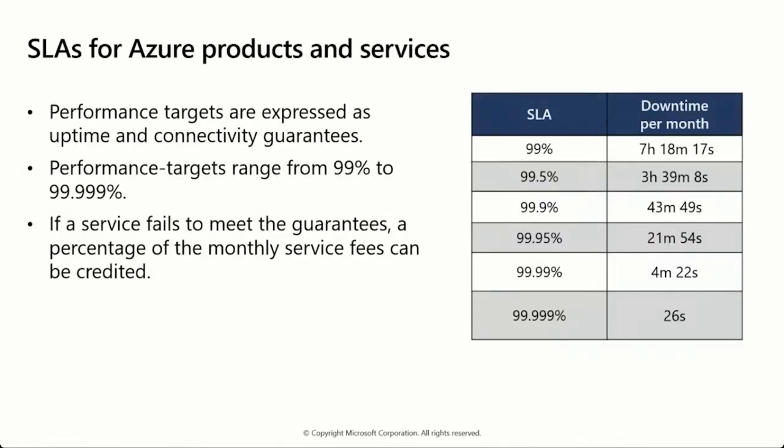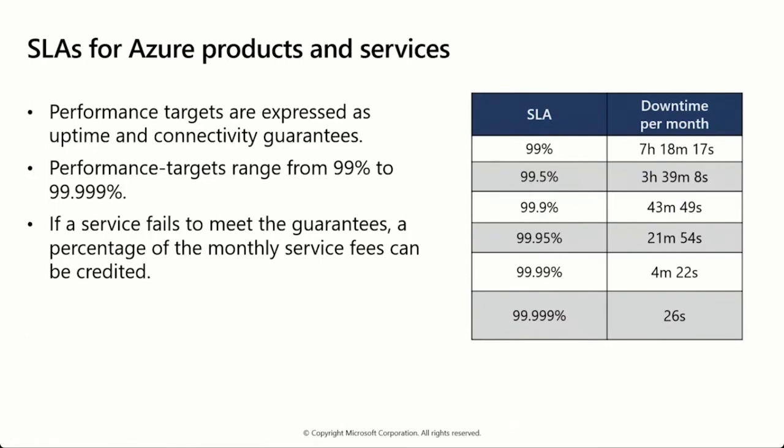An SLA can range from 99% up to what we call 5 nines, so 99.999%. And you can see the higher the SLA, the maximum downtime that you will experience per month goes down. Let's just say, for example, what we call 3 nines, that 99.9%, the maximum downtime per month with that type of service, with that SLA, can be up to 43 minutes and 49 seconds.